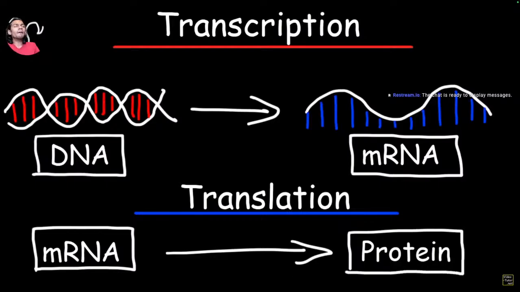Now, if you recall, which organelle is used to make proteins? The answer is the ribosome. The ribosome is the site at which proteins are manufactured in the cell. So we're going to talk about that shortly, but let's go over transcription first before we talk about translation.